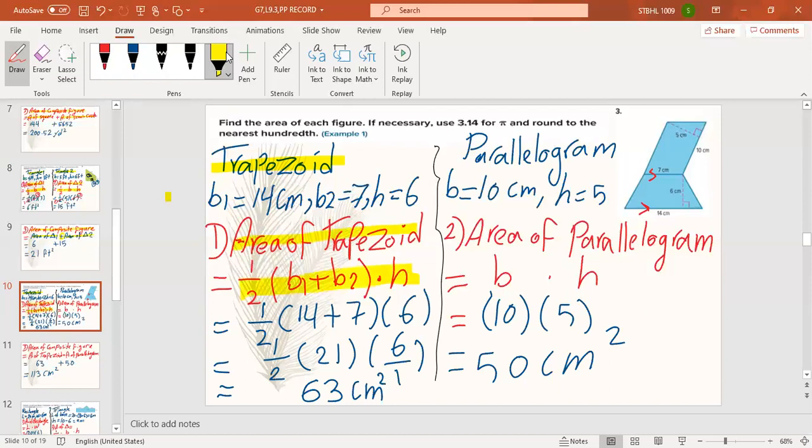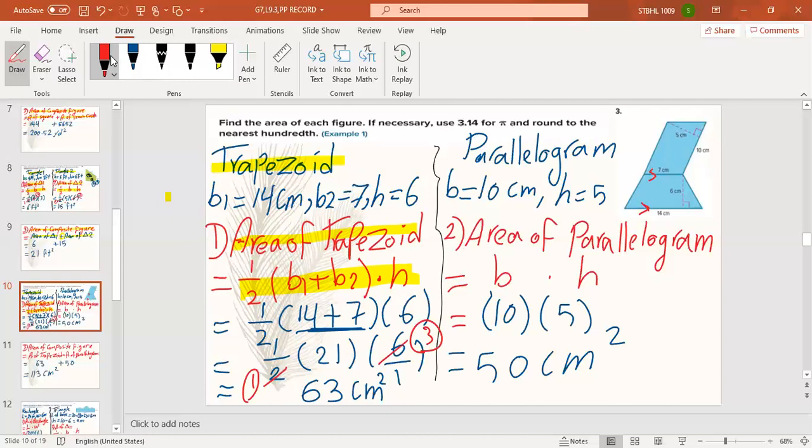Area of trapezoid equals half times b1 plus b2 times height, and we need to add b1 plus b2 first. It will be 21. Half times 21 times 6, and simplify to make the calculations easier. Divide by 2 equals 1, and divide by 2 equals 3. 3 times 21 is 63 square centimeter.